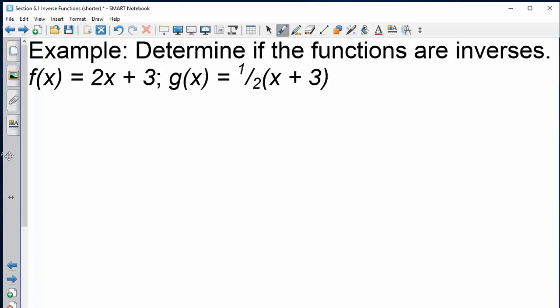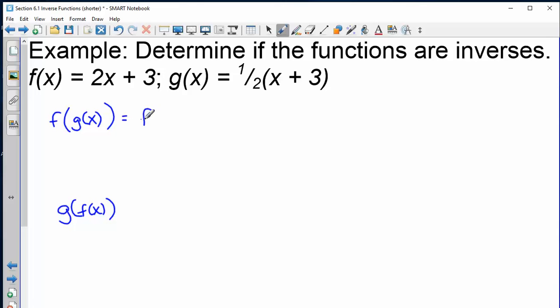If I want to know if these are inverses, it is not enough to show one way. You will have to do both. So we're going to have to do f composed with g and g composed with f. If they are inverses, the answer to both of those problems should be x. If even one of them is not x, then I can automatically stop and say they aren't inverses.